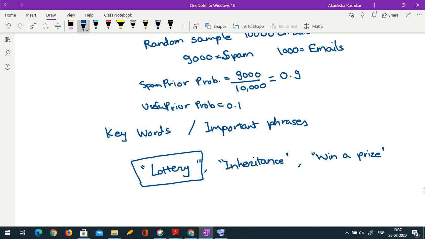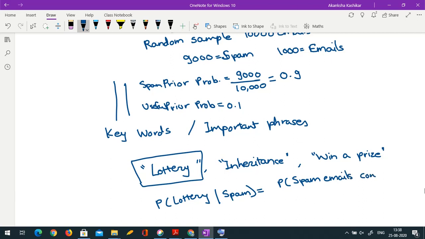So given this prior knowledge about which emails are spam and which emails are useful, I can compute the probability of the word lottery given that the email is spam. How do I compute this? It is the probability of spam emails containing the word lottery upon the marginal probability of spam emails, right?